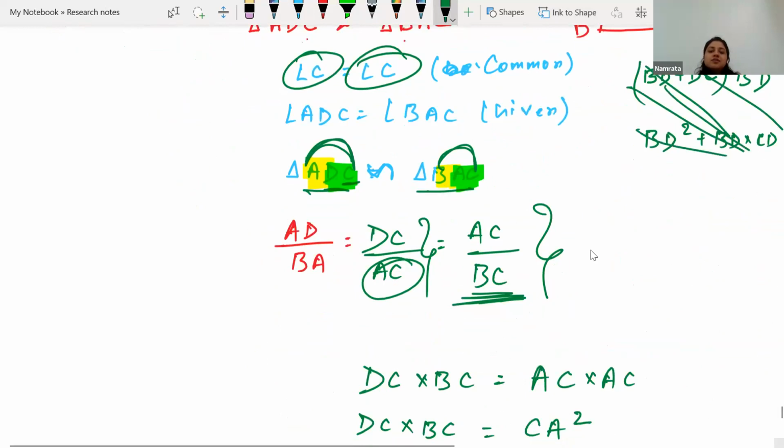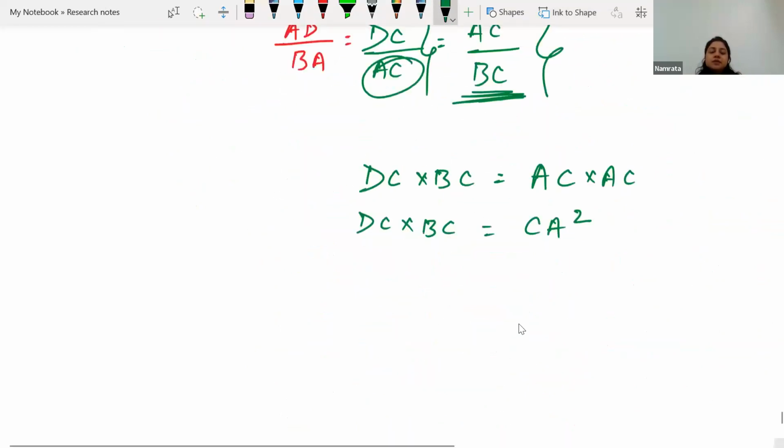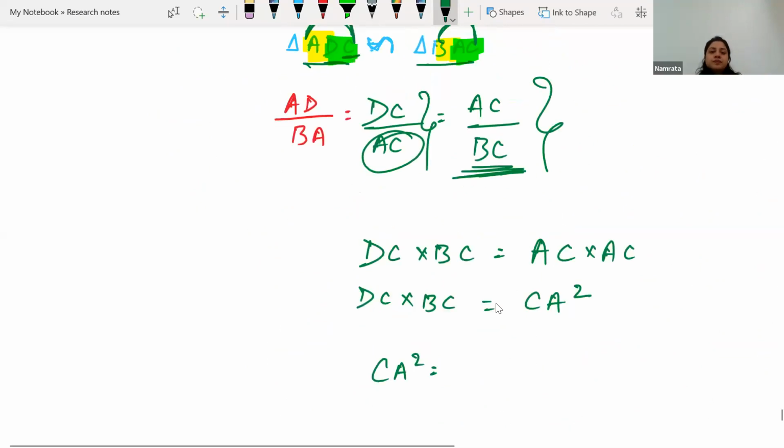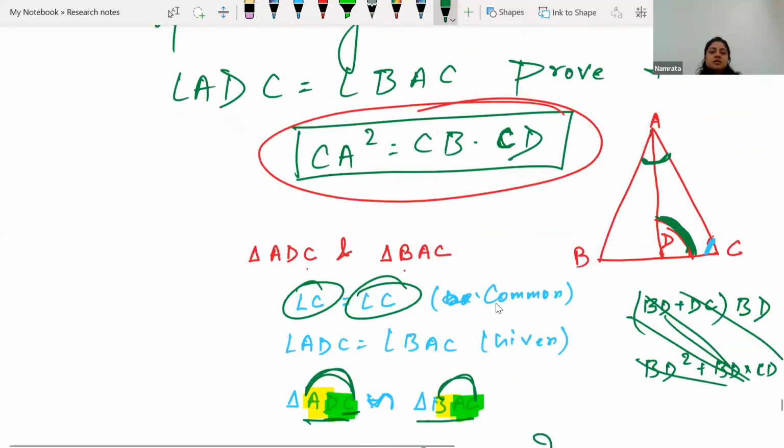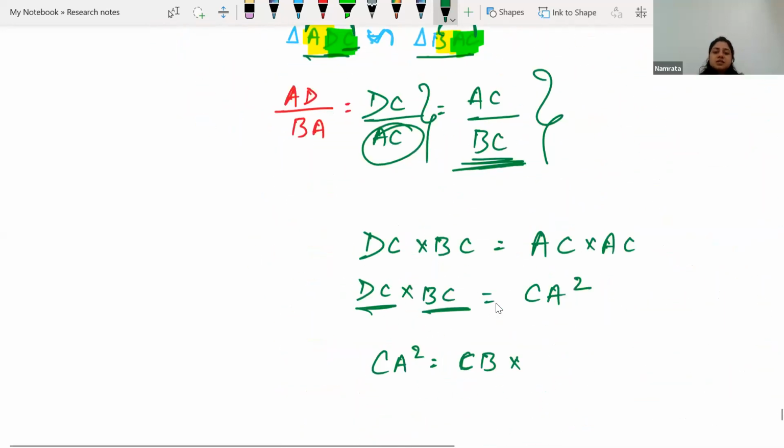From the ratio itself, we have got the proof. So we can write it, CA square is equal to CB into CD. CB means BC, it's the same thing. We can write CB into CD. DC, CD is the same thing. So we are done with the proof.